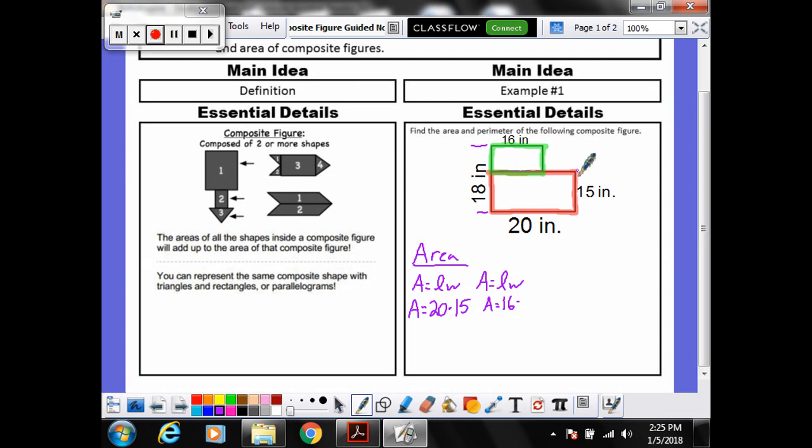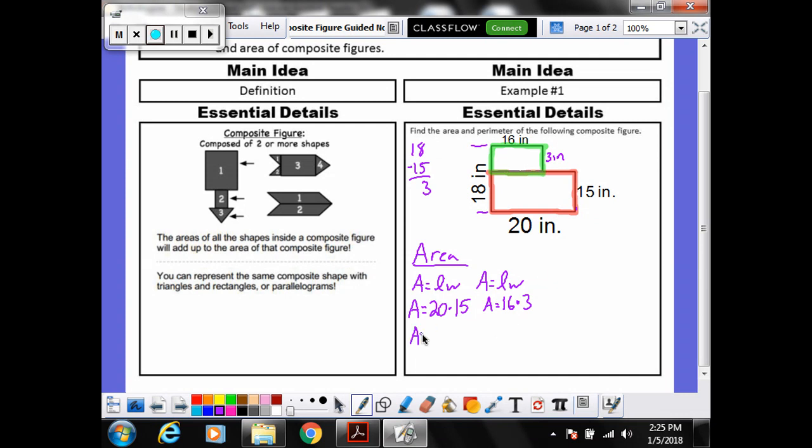The red is 15, so to figure out the green, I take this 18 and subtract the 15. 18 minus 15 gives us 3. So now I know that this length right here is 3 inches. So it's 16 times 3.